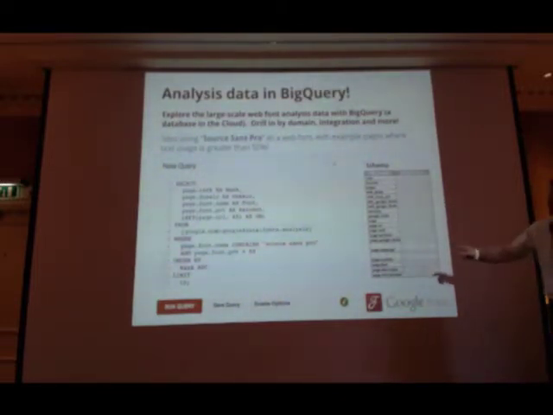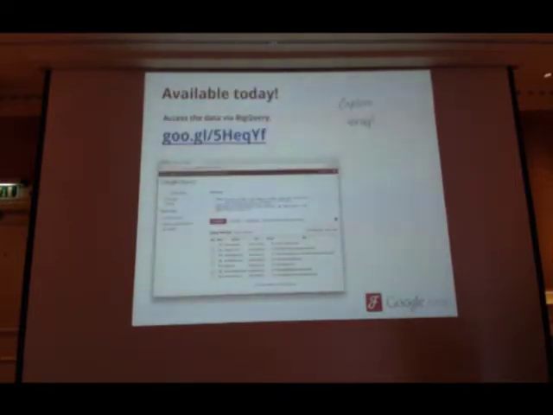So you can filter by rank and so much more. Then the results of this query. So here's some example pages where Source Sans Pro is being used. And then there's a short link on how to access the data via BigQuery. And write it down real quick.